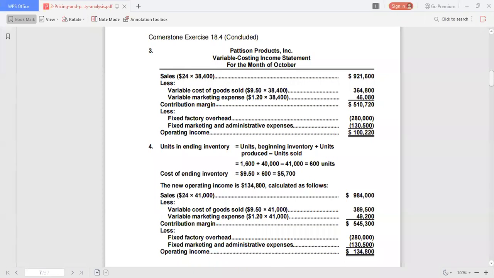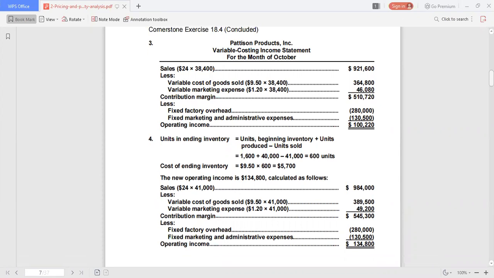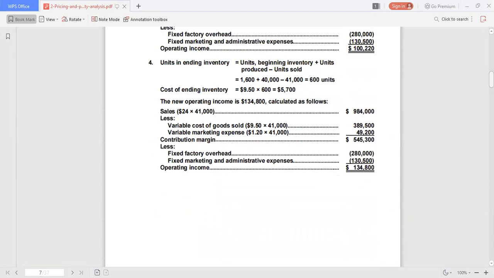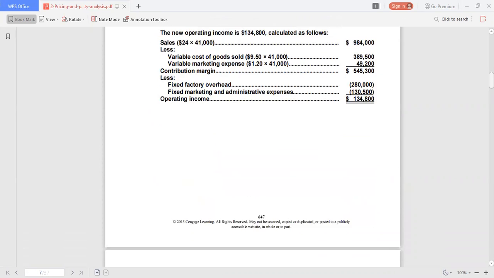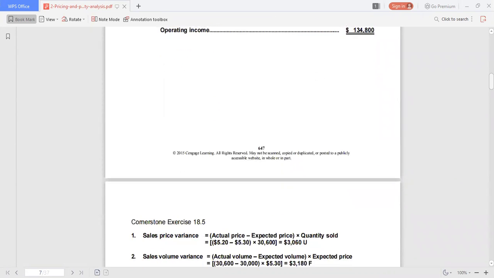Next, we go to number 5. We have for number 5, sales price variance, sales volume variance, overall sales variance. Now here, actually in the PowerPoint presentation, we were given the formula for all these variances.